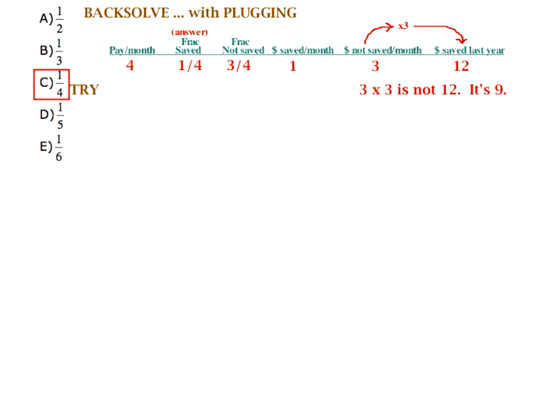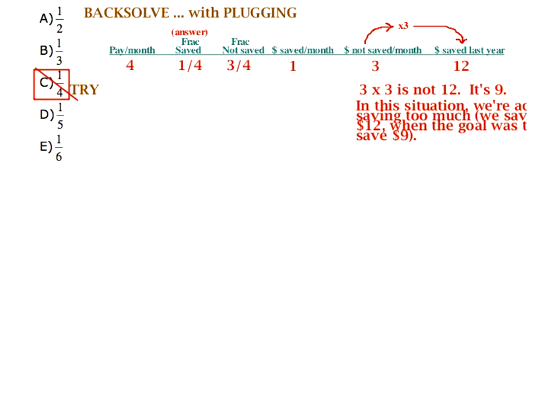So the point is that in this situation, we're actually saving too much. Like we saved $12 when the goal was to save 9. If you realize that quickly, that's enough to cross off 1/4 and also the fractions that are bigger.